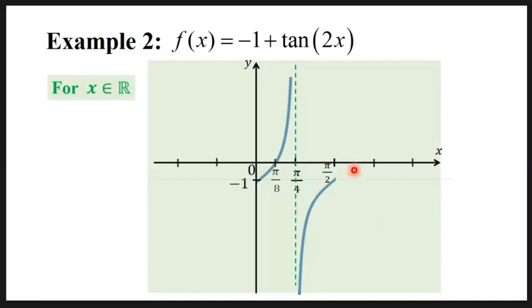And next, let us extend the marking on the x-axis. In this case, after the value of pi over 2, the next value that I should have here will be 3 pi over 4, where we add pi over 2. As you can see from the marking here, from pi over 4 to pi over 2, I need to add on pi over 4.